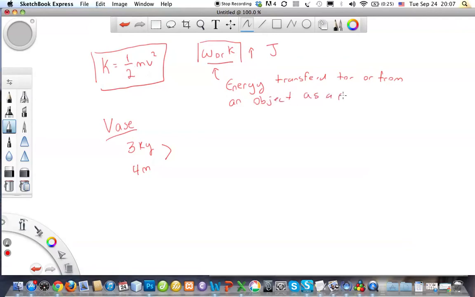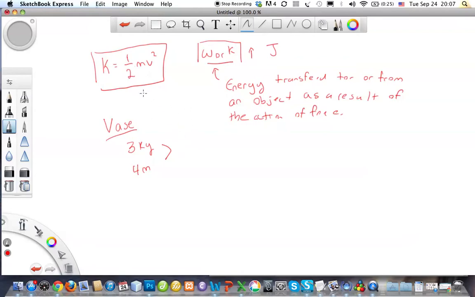And the vase gained kinetic energy from positive work done by the gravitational force of the Earth.